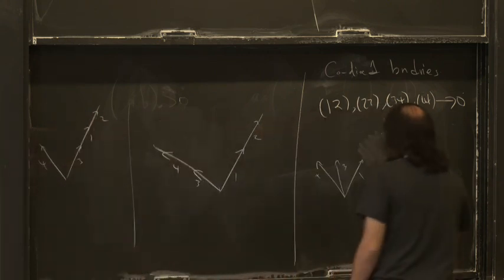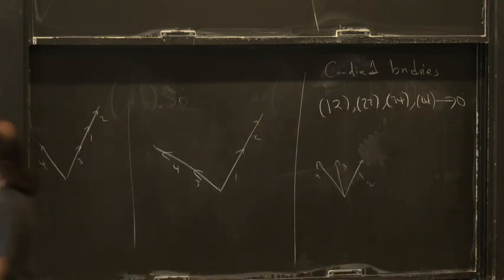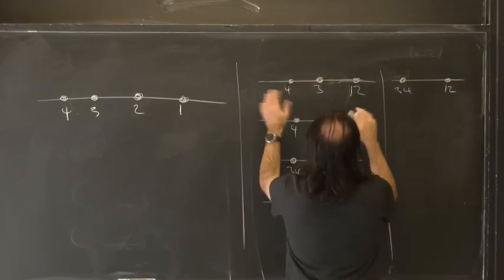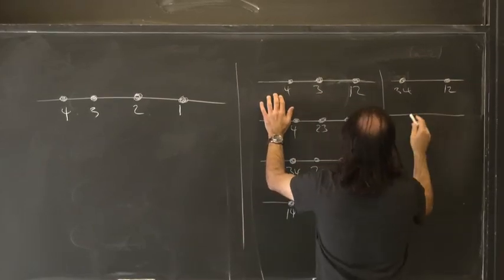OK? So what do these kinds of boundaries look like in this picture? Well, they all are reasonable. Like here, all we see here is those 4 ordered points, right? So that's where the ordering is reflected in the picture. So here 3 can slide to be on top of 4. That's one kind of boundary from here. I could have 3 slide to be on top of 1, 2.